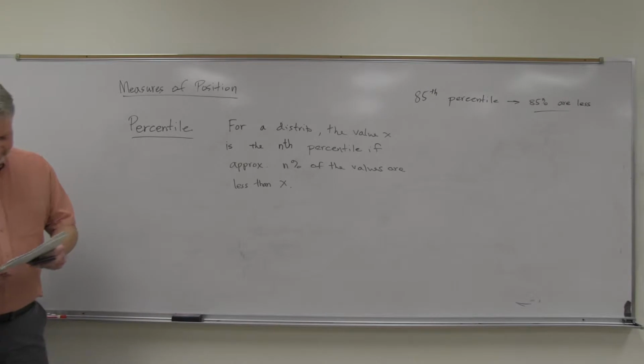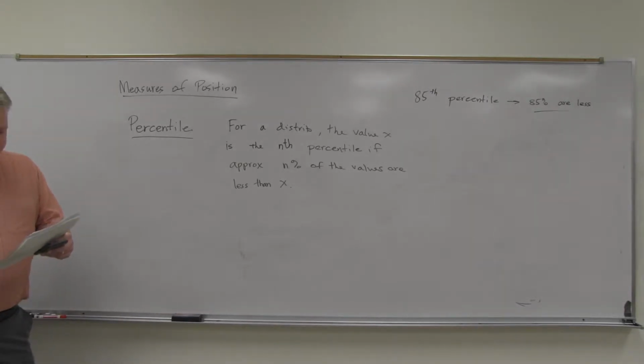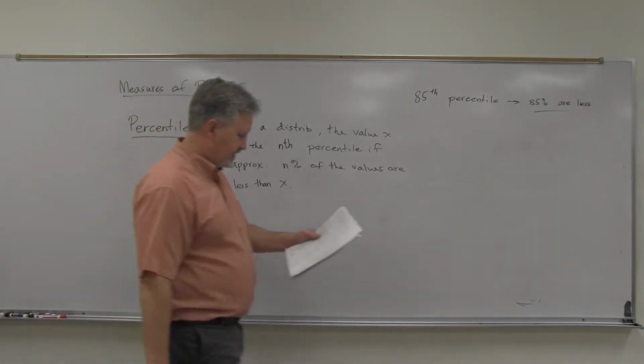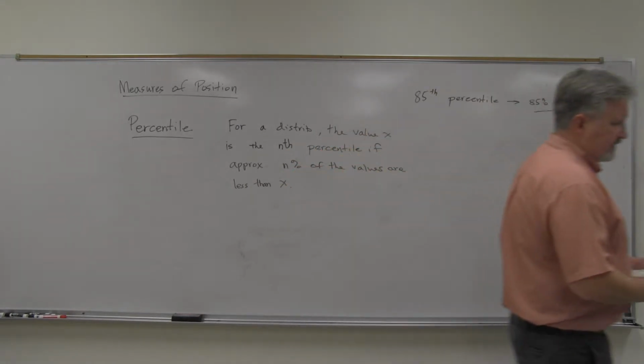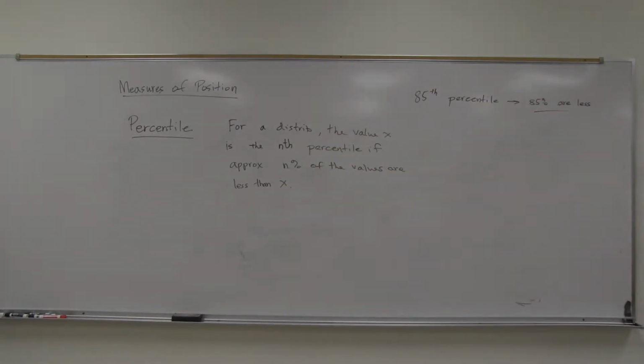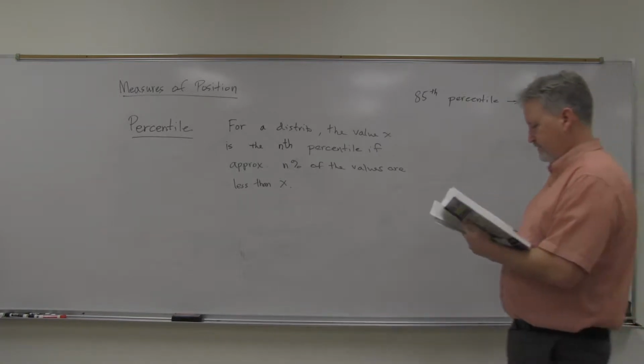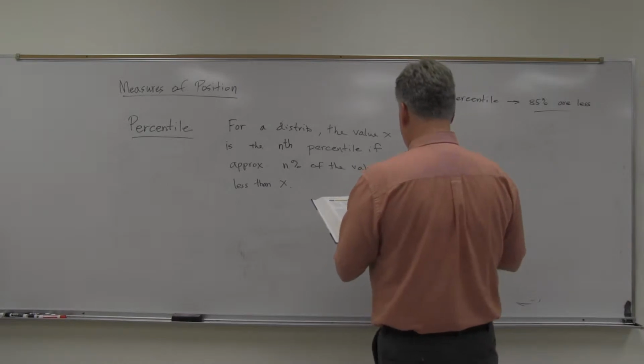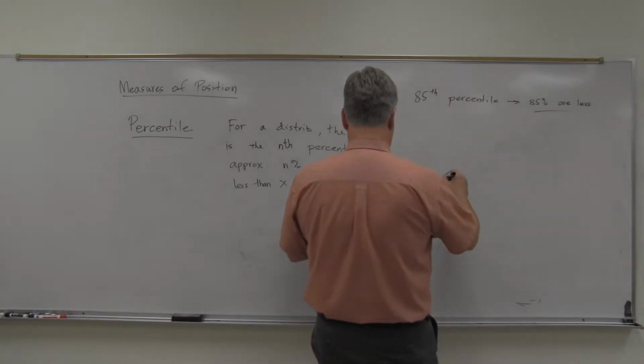All right, so let's do an example here and get the feel for how we do this. This is from the table in the book, so I'll write it up here. There are 40 values.